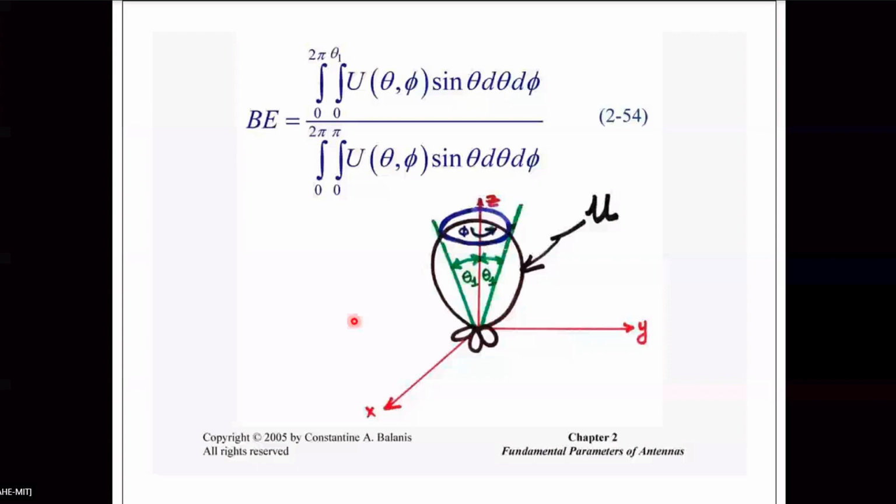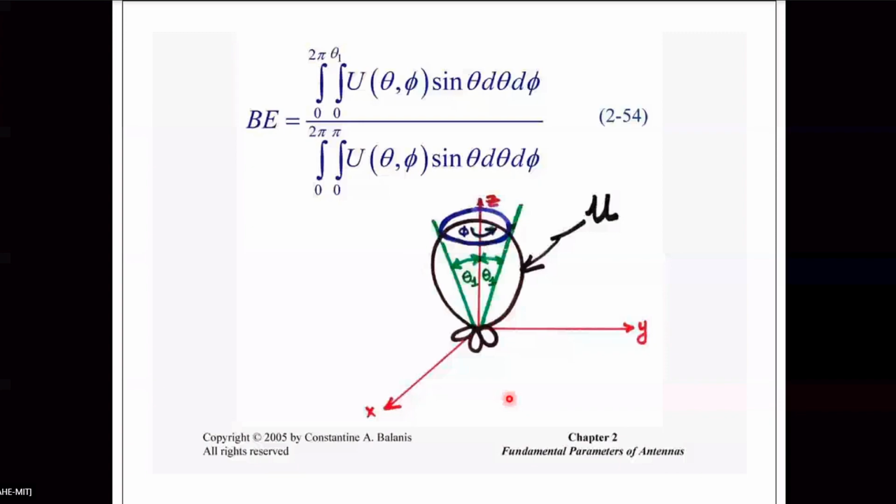Now if you want to find out the percentage of the total power in the main lobe, how will you do it? Sir, in the numerator for beam efficiency, we will integrate theta from 0 to theta first null beam width. Very good. Yes. First null beam width.